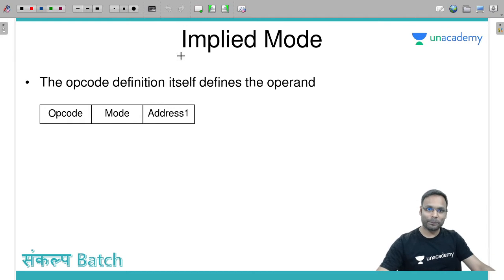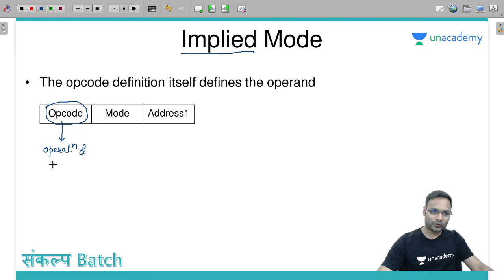So the very first mode is implied mode. Implied mode, implicit mode kind of. See, opcode gives you what? Operation. But sometimes opcode can give you both the operation and the operands.